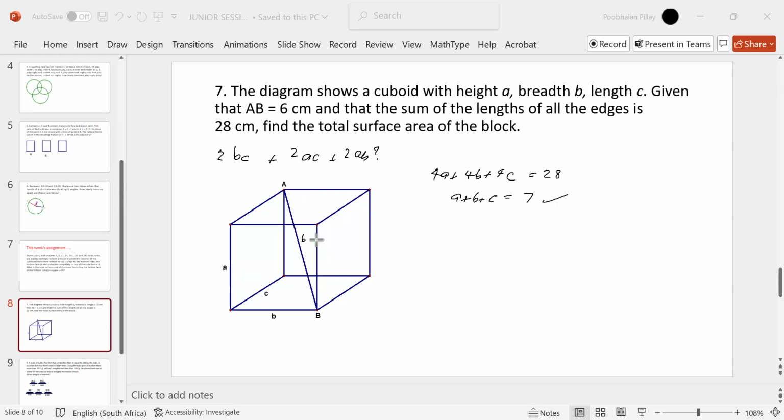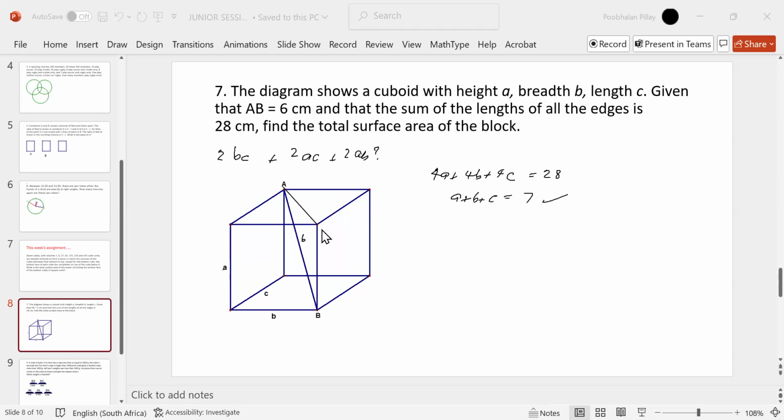Let me look at this side here. This diagonal goes right through the box, inside the box, and you can see it in the side. But let me just join these two. And now I've got a triangle with the 3 vertices given.